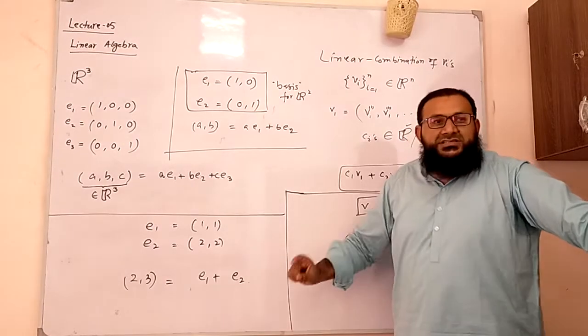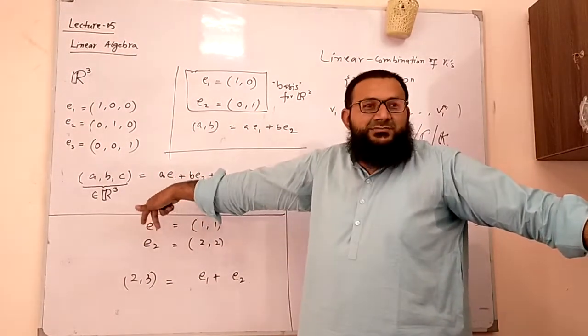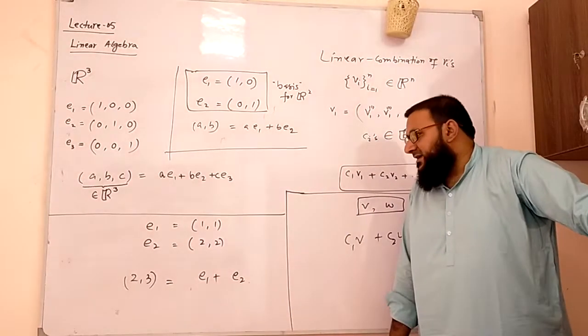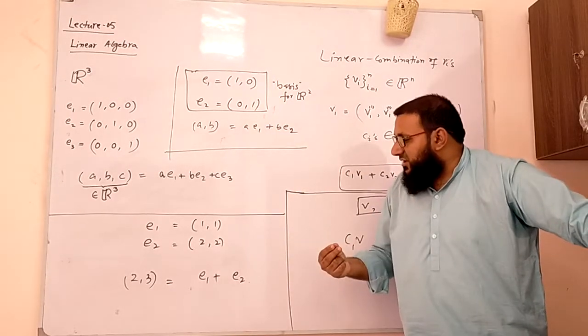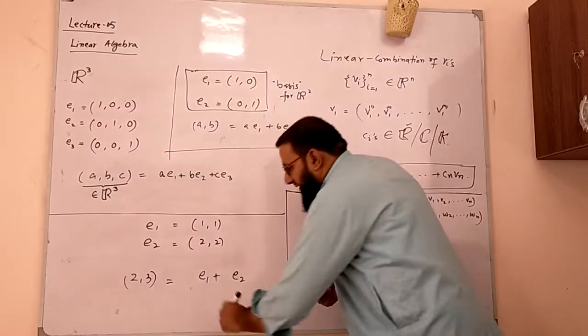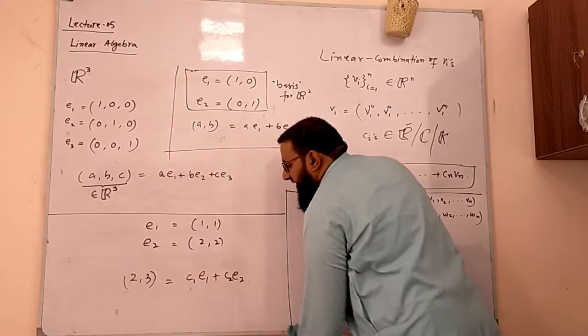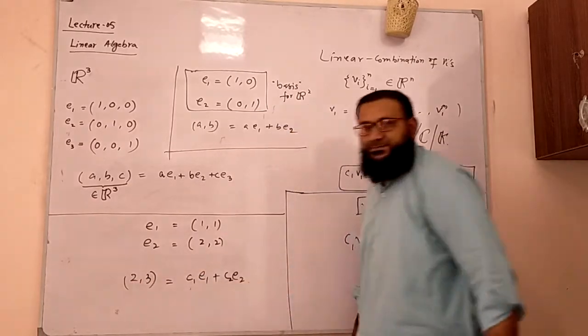The first problem is I should not write E1 and E2 here because these are not standard bases, but I am writing them for the moment just to understand the idea. You have two vectors in R2. Can you give me some scalars C1 and C2 such that when I multiply with E1 and E2, my answer is going to be this vector?